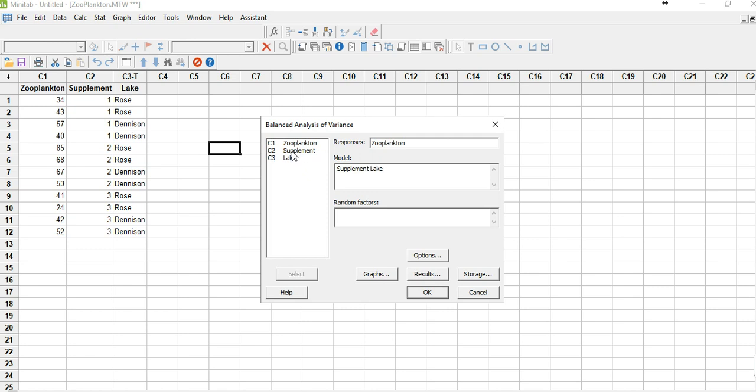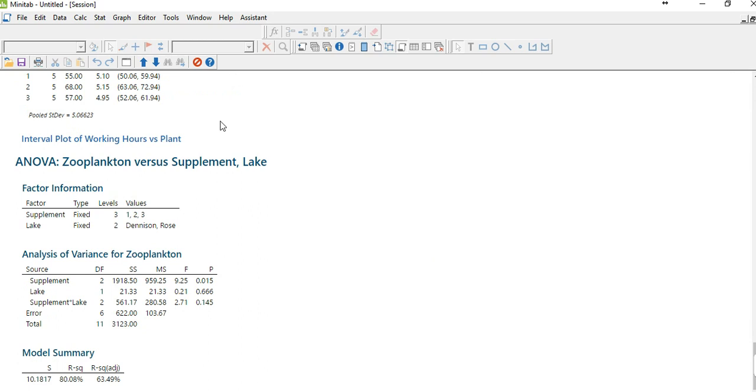To represent interaction, you need to have supplement again and then times lake. So we have 3 terms: one corresponding to the main effect of supplement, one to the main effect of lake, and one to the interaction. Then you hit OK. Now here is the outcome.